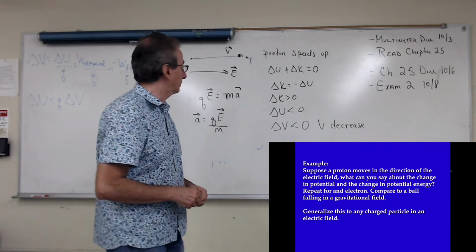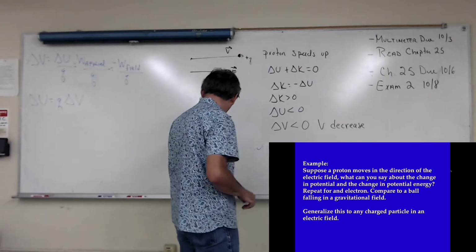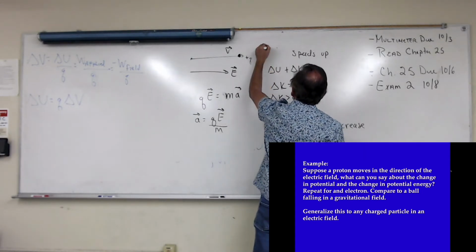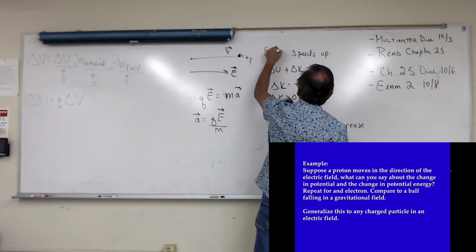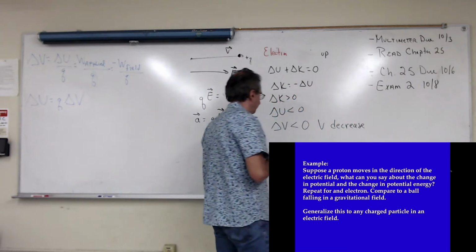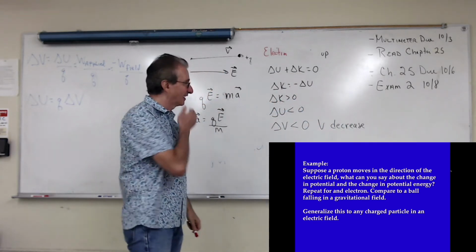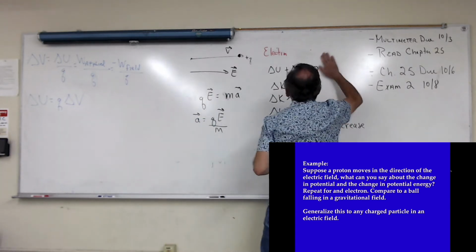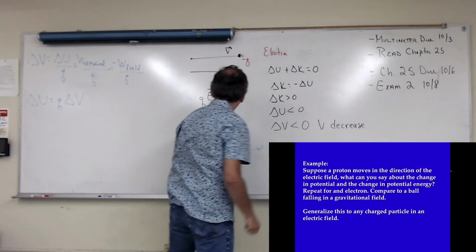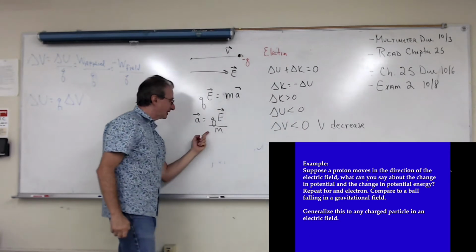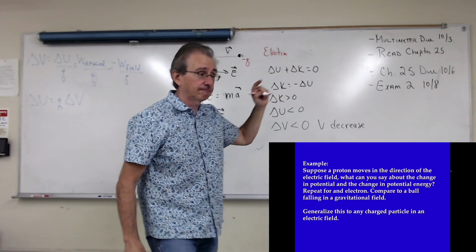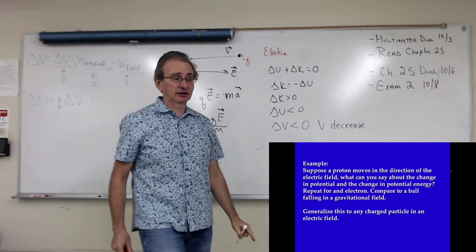Now let me change the scenario. Let's do an electron. I'll do the electron in red. So we have an electron moving to the right, and the electric field points to the right.